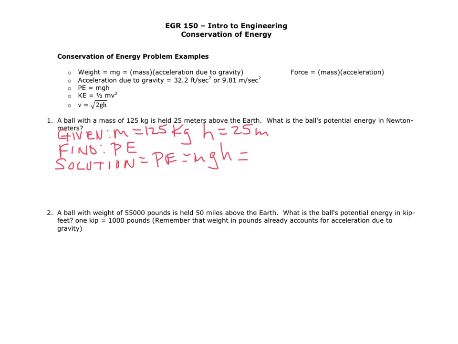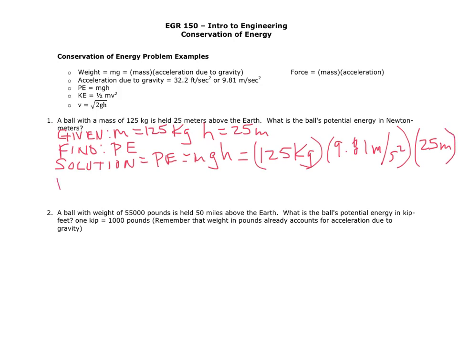So it's going to equal then what? 125 kilograms times our gravity. We use metric here, 9.81 meters per second squared, times our height of 25 meters.